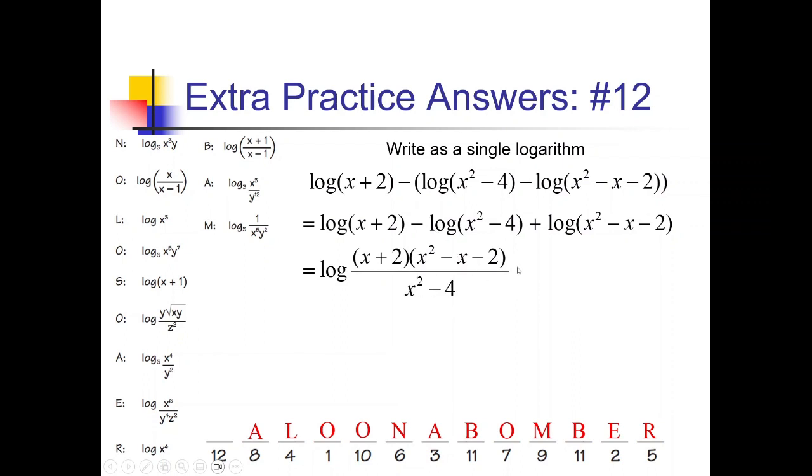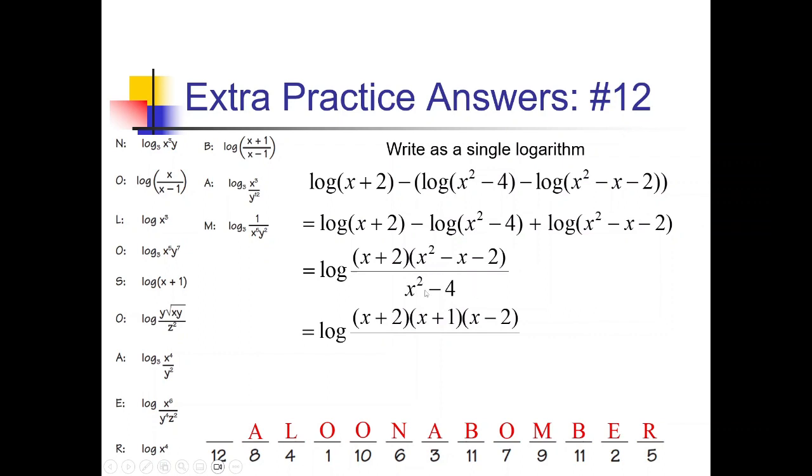I think I can factor this now. Let's try factoring. So I have the x plus 2 that was there already, and now I need things that multiply to negative 2 and add up to negative 1. Well, positive 1 and negative 2 will do that. So x plus 1, x minus 2. And downstairs we have the difference of squares. I can square root and use a plus minus with that.